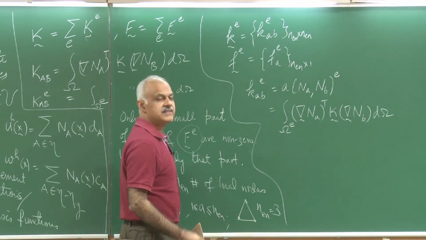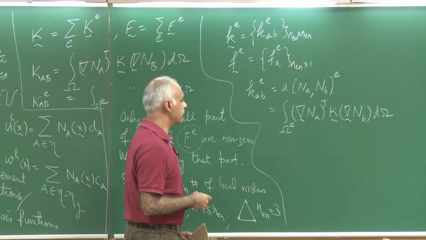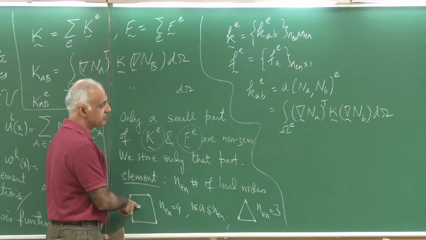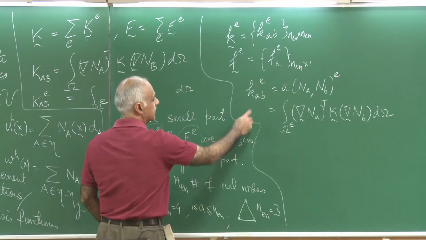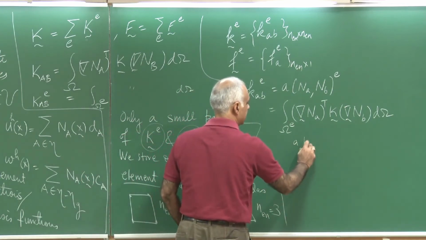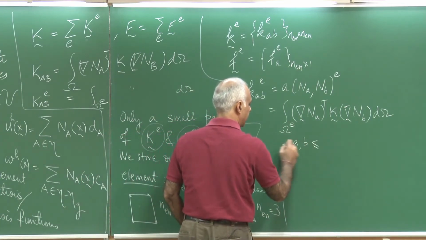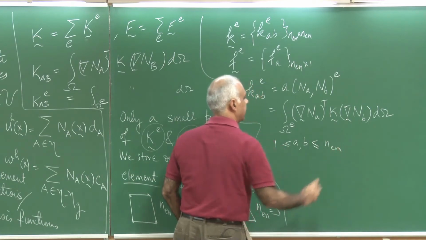Okay. So, you can see this is going to be a 4 by 4 matrix if NEN is 4. Both A and B are from 1 to NEN.